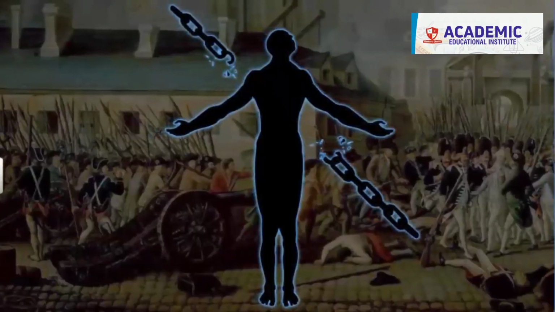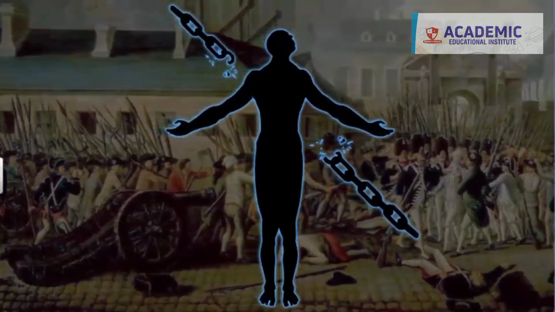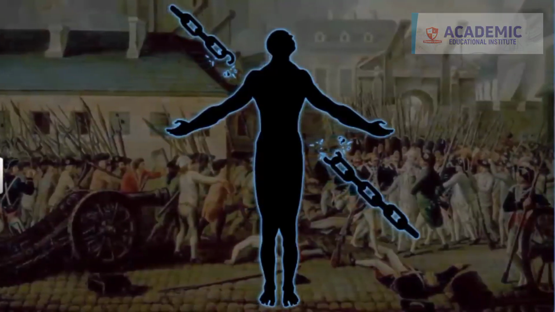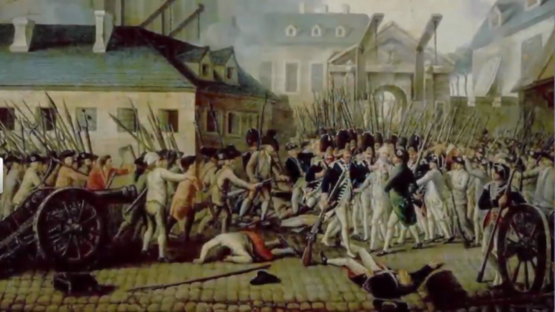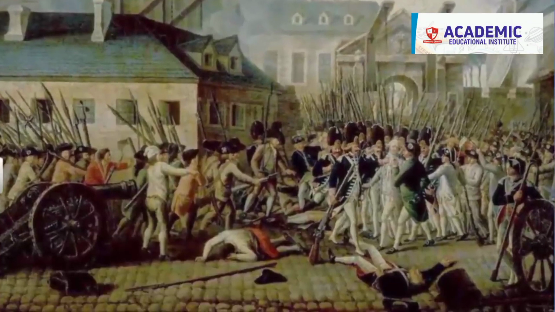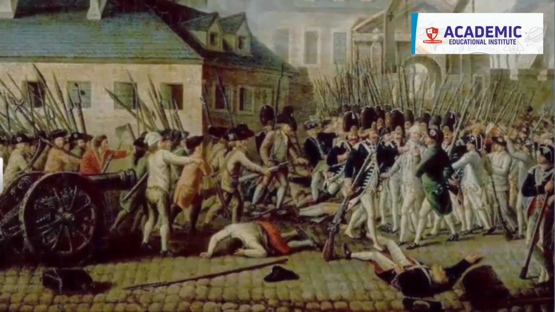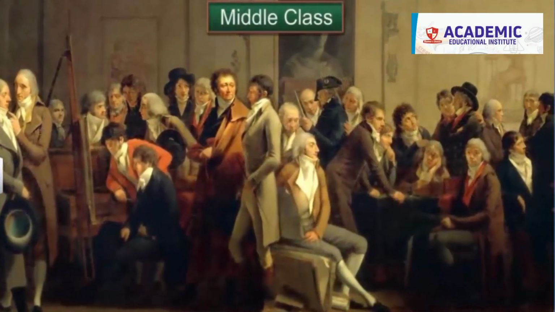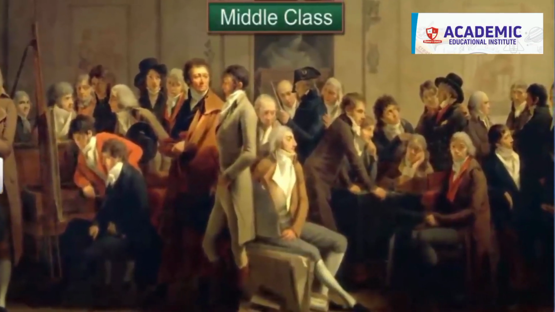The educated middle class of Europe was deeply influenced with the notion of liberty from the French Revolution. As a result, the concept of liberalism was born. The word liberalism traces its roots to the Latin word liber, meaning free. The middle class believed in the need for freedom and equality of all individuals before law.